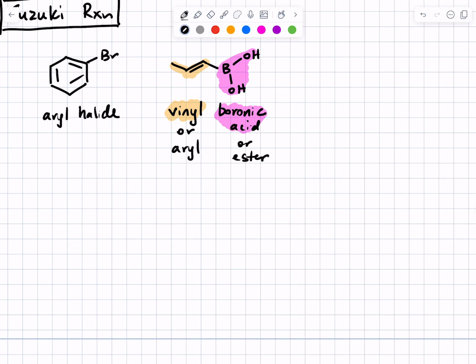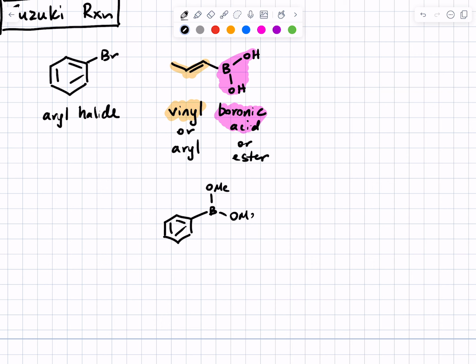You can sort of mix and match functional groups. Let me show you an example of a boronic ester. So an aryl boronic ester would look something like this. There's an aryl group, and then a boronic ester. A carboxylic acid ester has OR groups in place of the OH group. That's the same thing for a boronic ester.